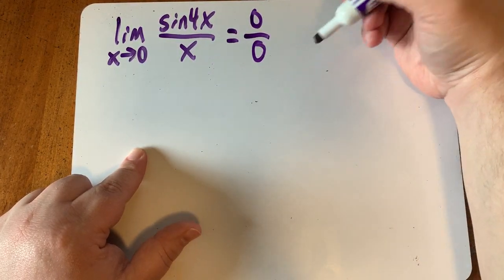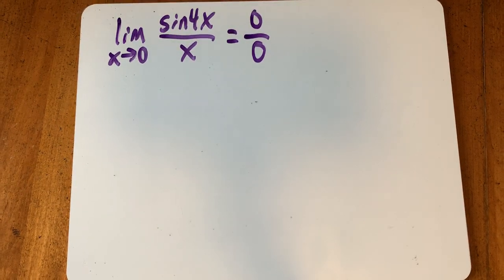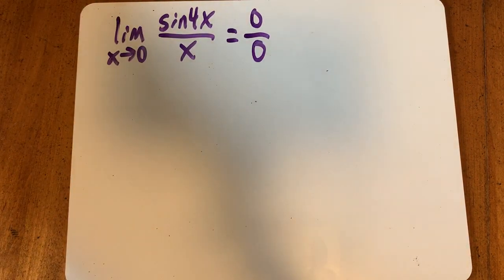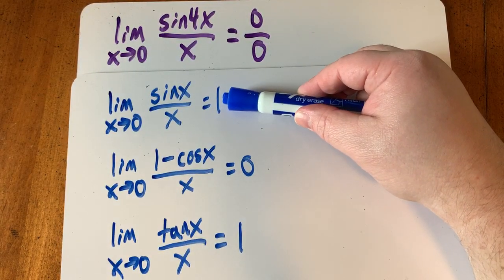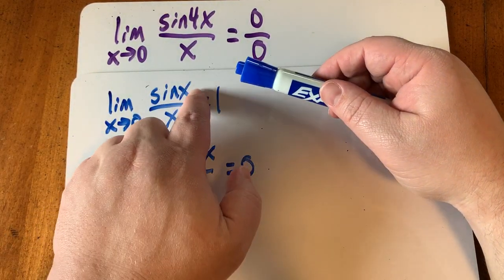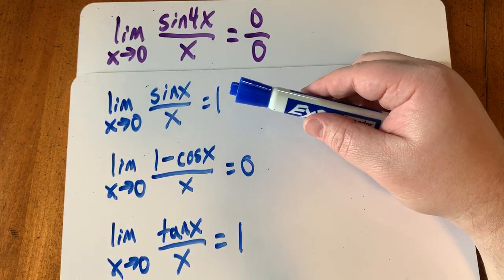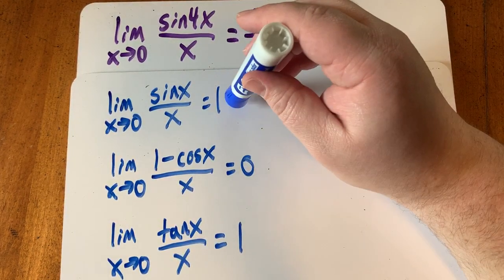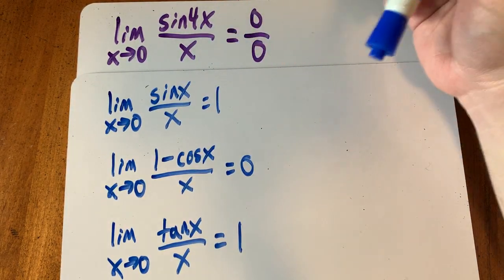So it gives us that indeterminate form, which means we should be able to simplify this somehow to give us an actual limit. Well, our rule for sine is this one. If you notice, the angle and the denominator are exactly the same. That is not what's happening here. So in order to use this rule, we need those to be the same.